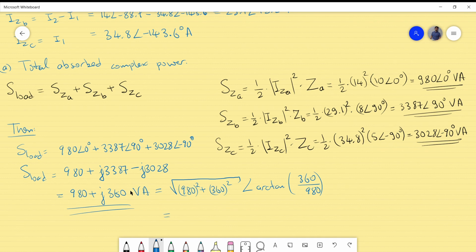That is given here as 1044 phase of 20.2, very close to that. It will be volt amperes. This is actually for question A.